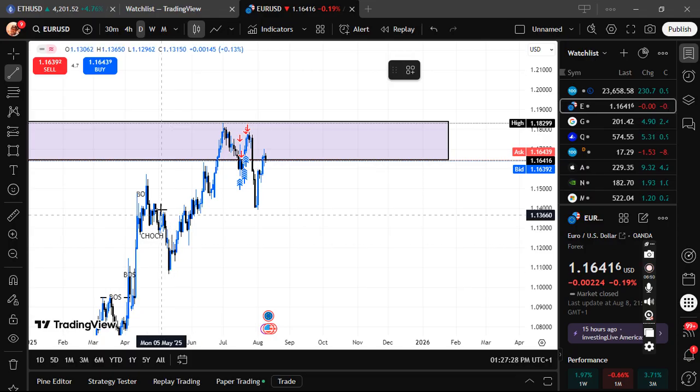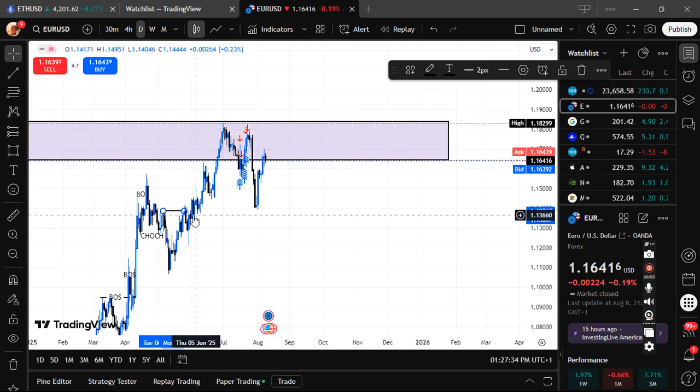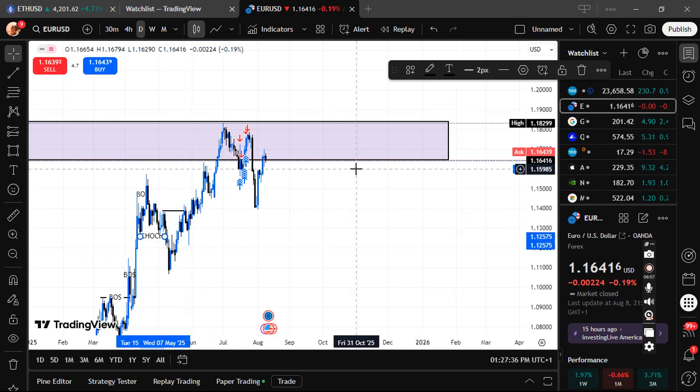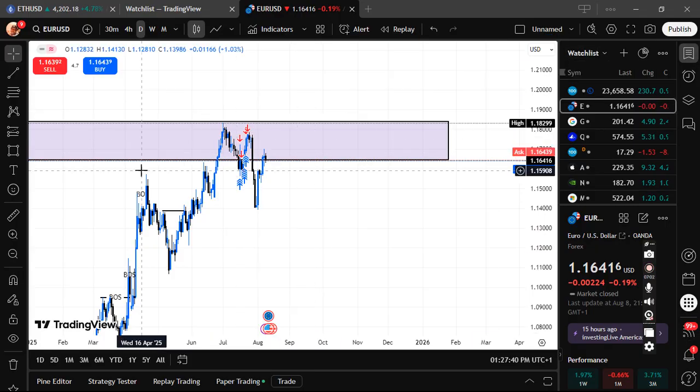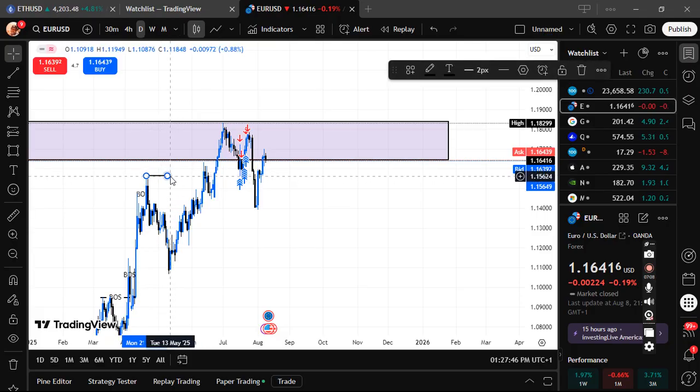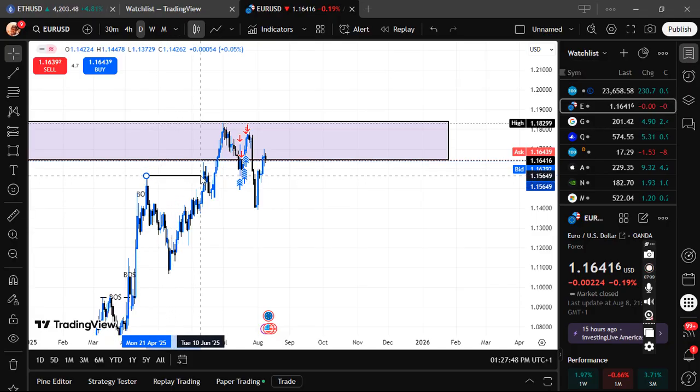When it breaks, we now have another change of character here again. So it's better for me not to put this change of character, so we don't get confused. Let me just take it as this, for us to not get confused on this.